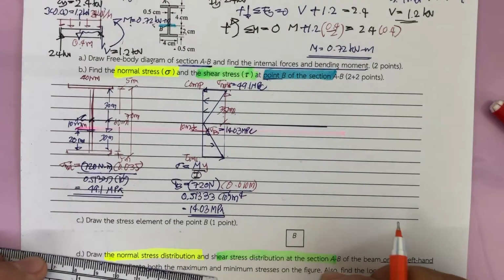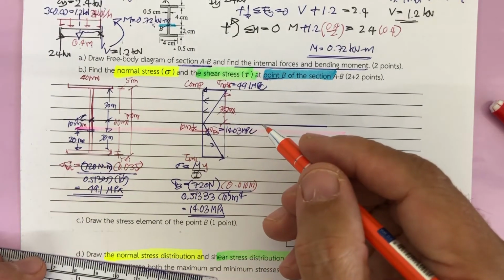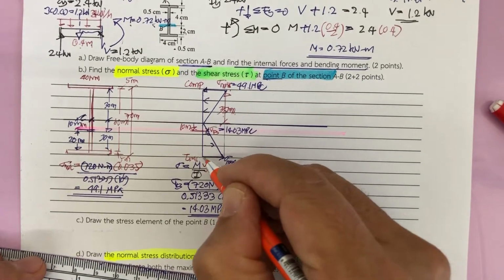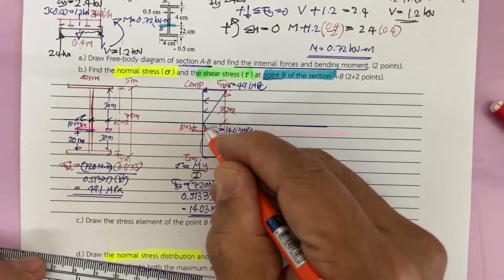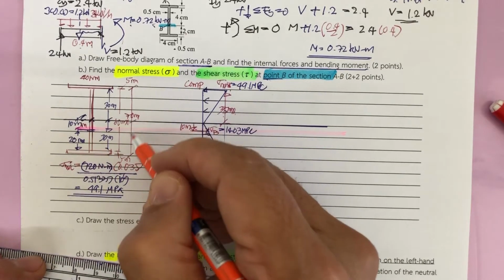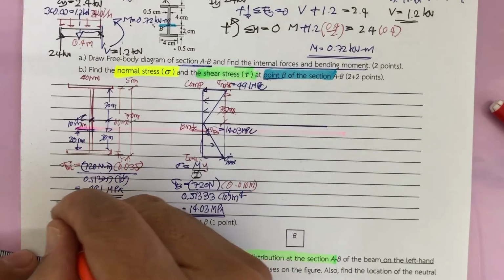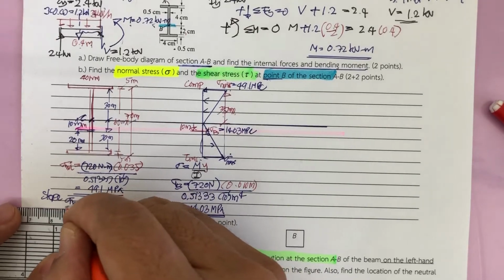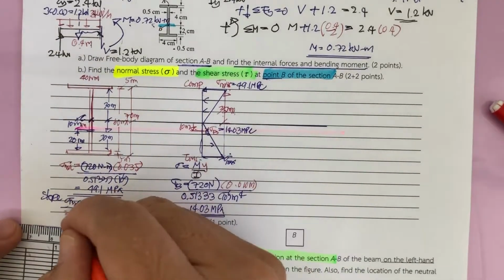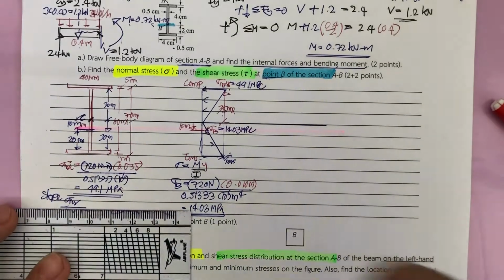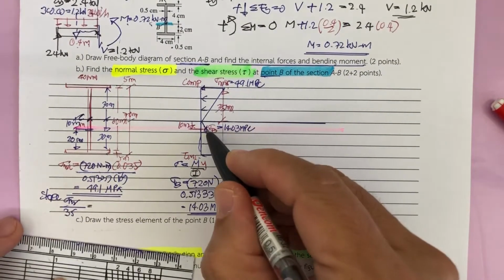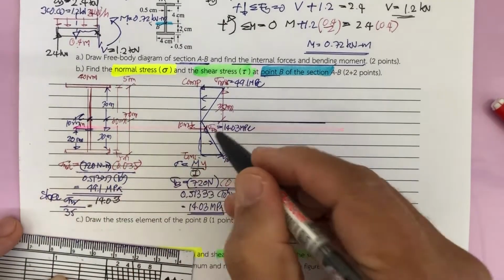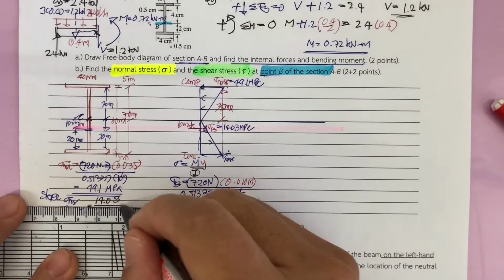Or if you prefer, you may use the triangle. Since you are looking for sigma max here, you can see sigma max divided by this length equals sigma sub B divided by half of this. By using the slope, sigma max divided by 35 equals sigma sub B, which is 14.03, divided by 10.